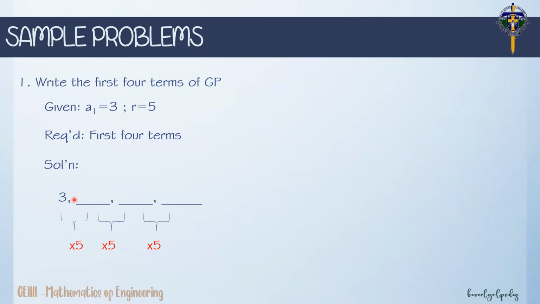So for the second term, 3 times 5 is equal to 15. For the third term, 15 times 5 is 75. And for the fourth term, 75 times 5 is 375. So we now have the first four terms of the geometric progression. This is now our answer.